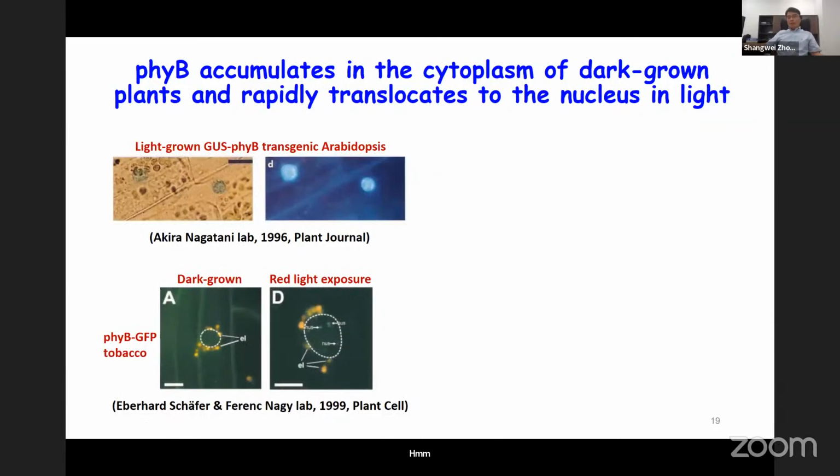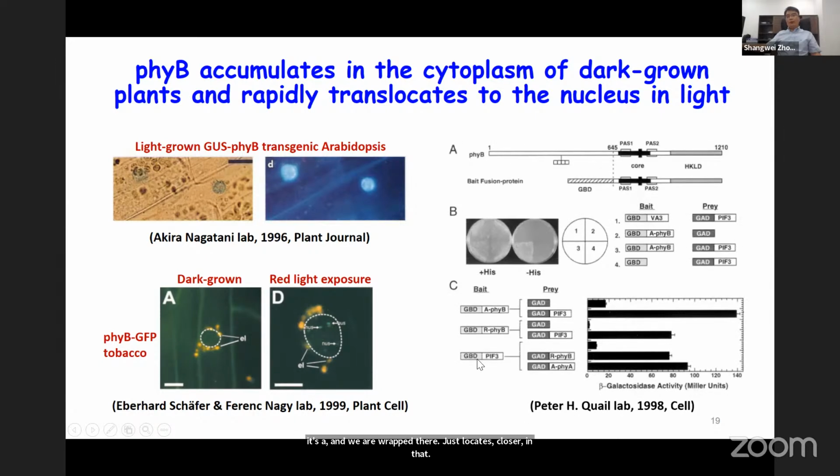With the case of studies of 5B, now we know that 5B is accumulated in the cytoplasm of dark grown seedlings, and is rapidly translocated to the nucleus in light. In the nucleus, 5B will interact with transcription factors such as PIFs to regulate gene expression.